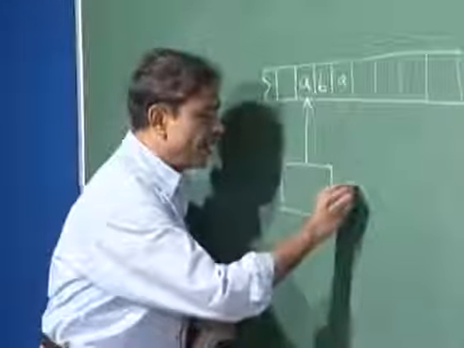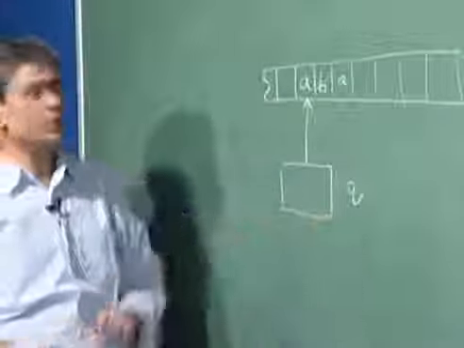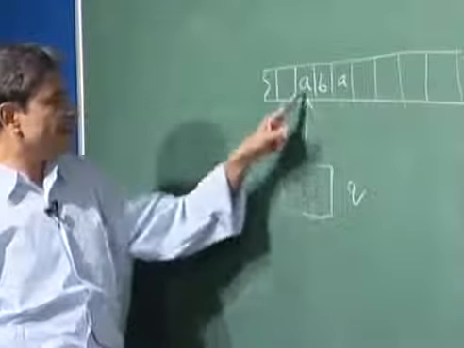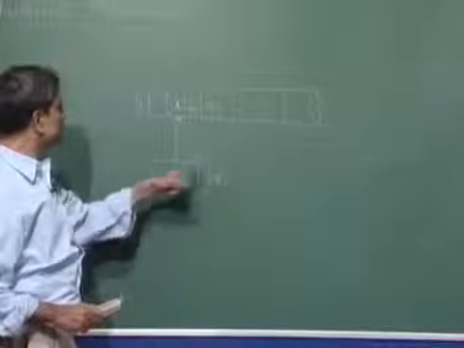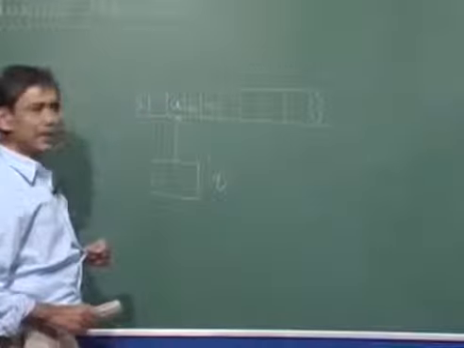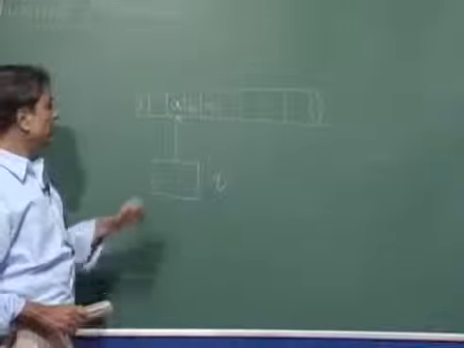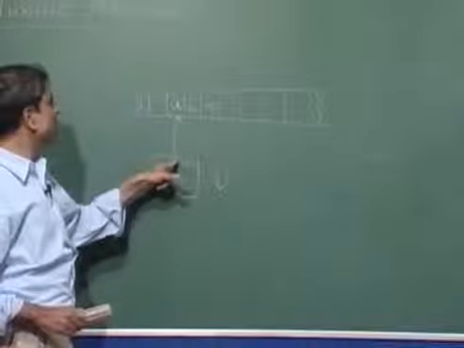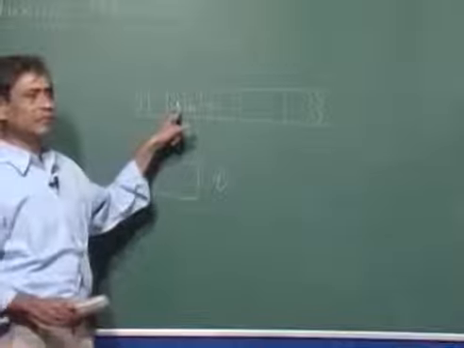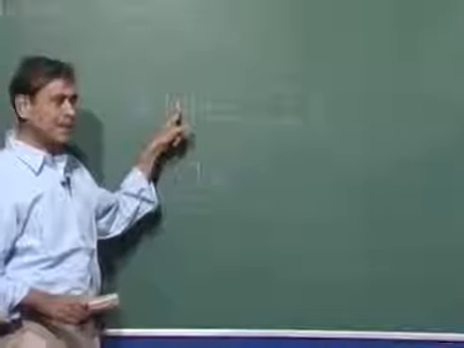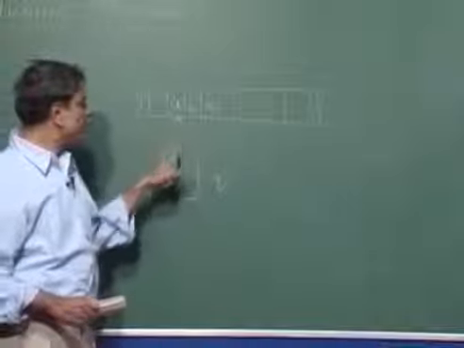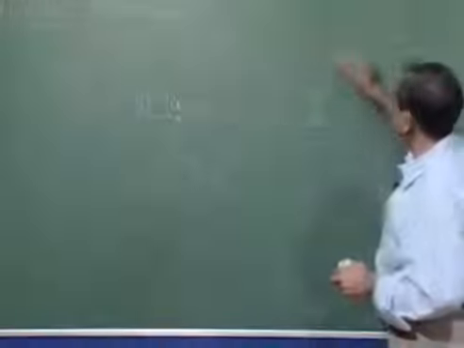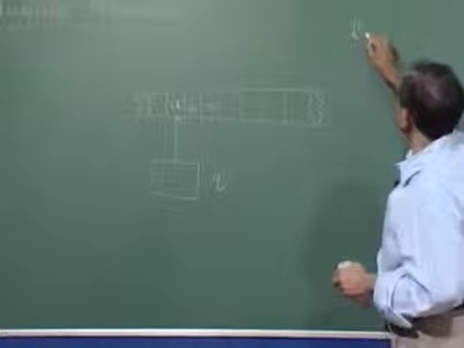So, let us say at any particular time it is in state q, and this is its head, the head of the Turing machine, which is at this time scanning this symbol A. Now, in case of a Turing machine, this head not only can read the symbol which it is scanning, but it can also change the symbol. So, therefore, this head that we have, we would like to call it a read write head.